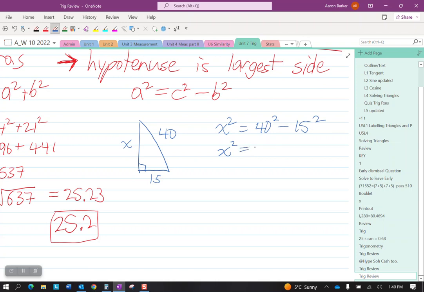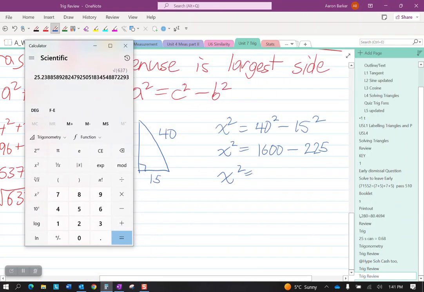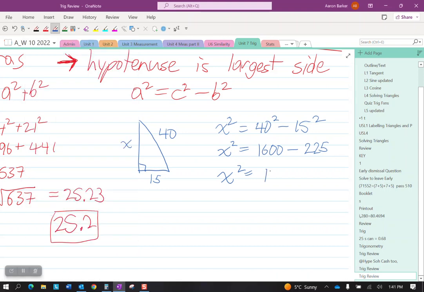40 squared is 40 times 40. And 15 squared is 15 times 15, 225. Okay, so then we subtract them. We get 1375.